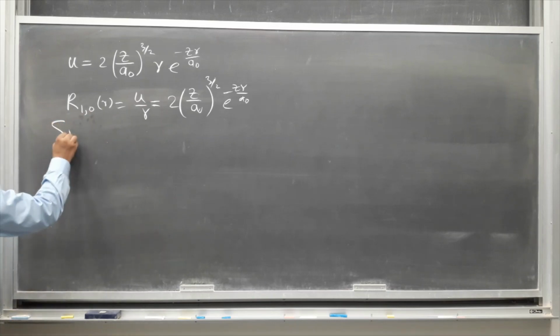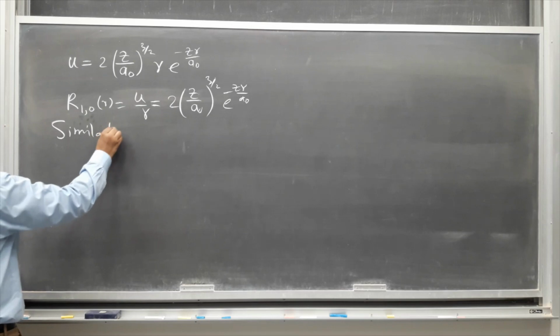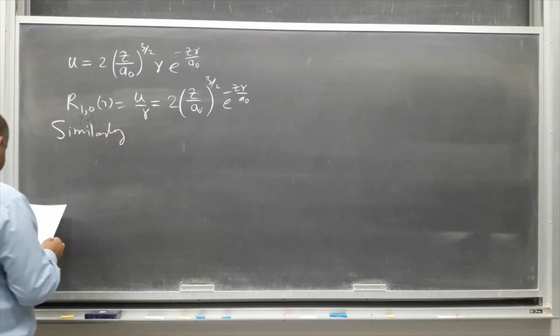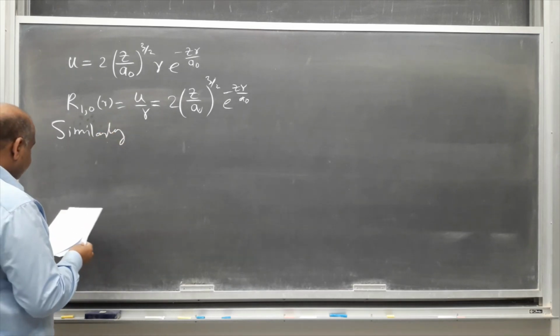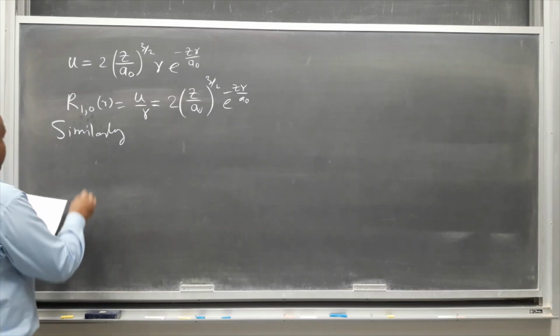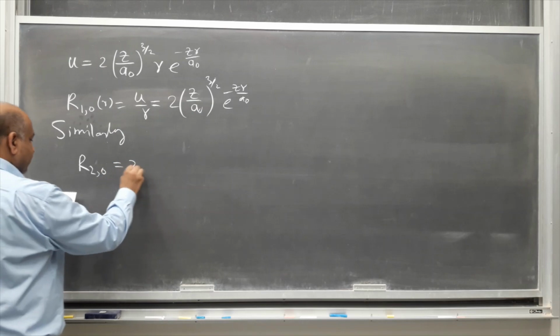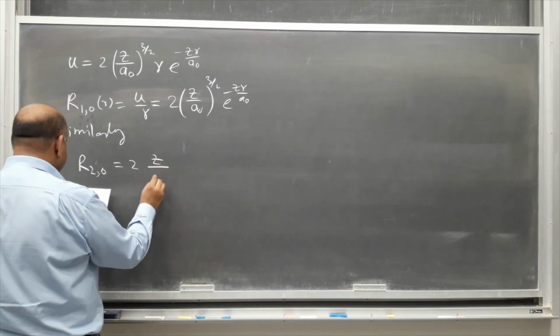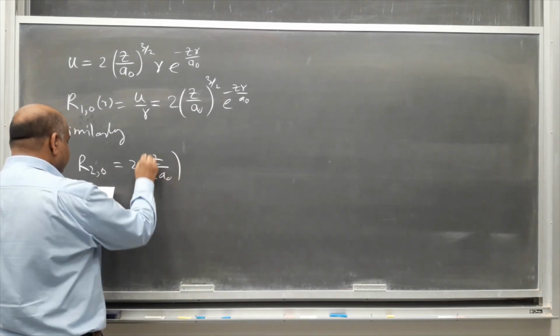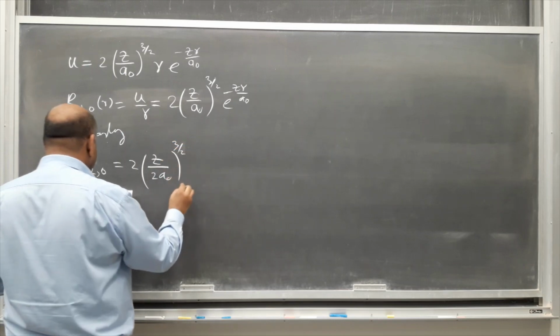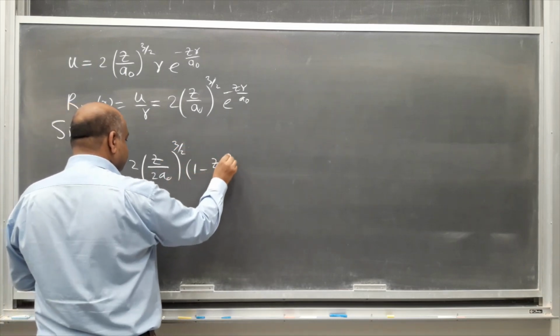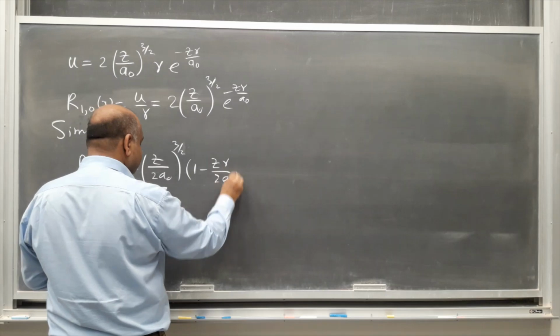Similarly, we can find the coefficients C1 for R_20, for n=2, L=0, and normalize our radial function to get a radial function like this.